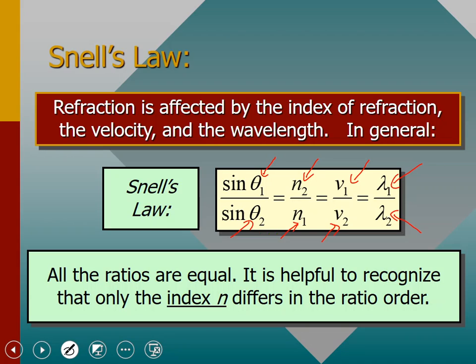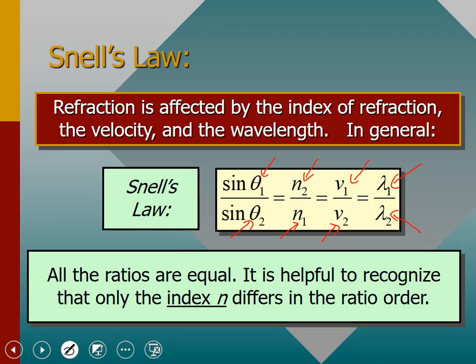All of these start with 1, let's say sine theta 1, v1, lambda 1 in the numerators, except the index of refraction n, which starts with n2. Down, sine theta 2, n1, v2, lambda 2. So all of them 2 except n1. That's why the index of refraction is inversely proportional here to the speed, inversely proportional to the wavelength, and so on. So far so good.